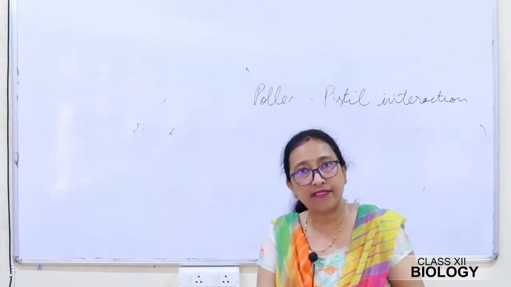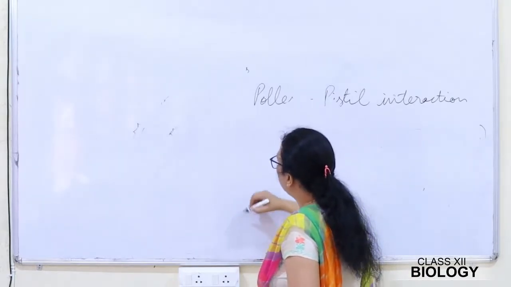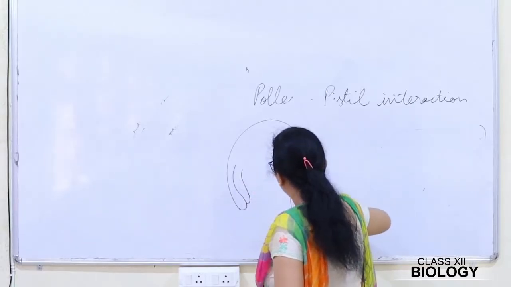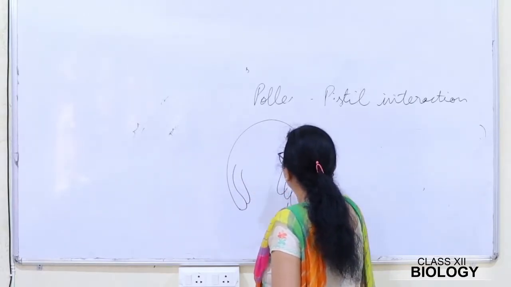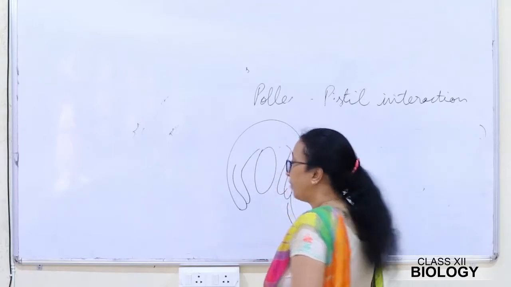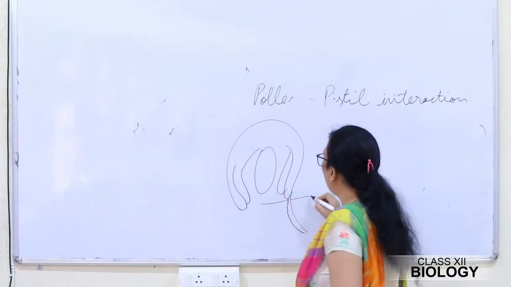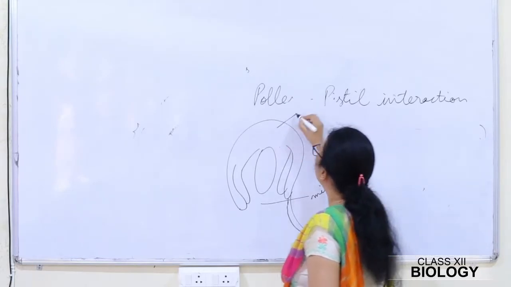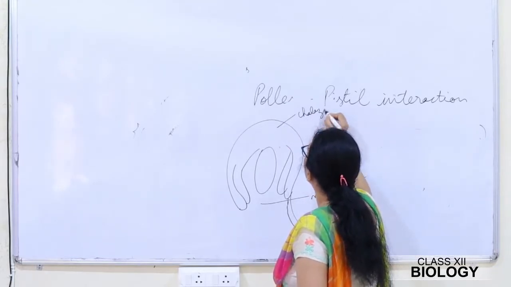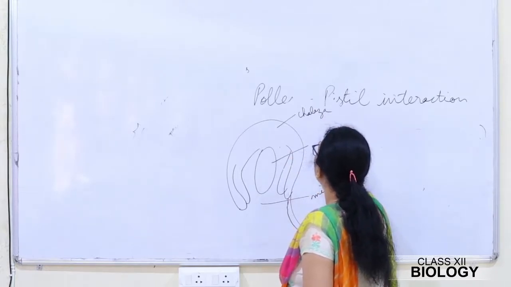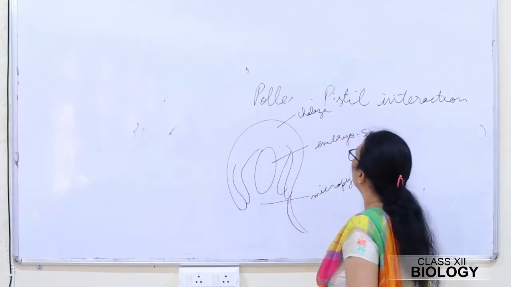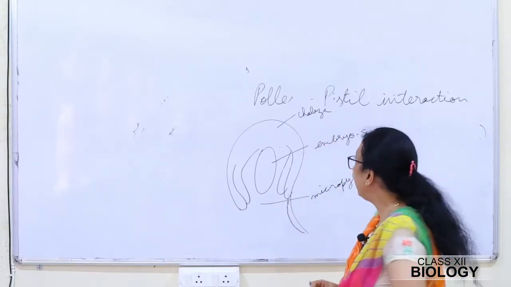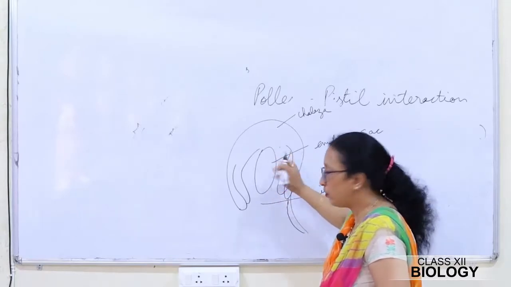We had already seen the female gametophyte. This is a female gametophyte: micropyle, chalaza, embryo sac. So the pollen which has been produced earlier has to reach the embryo sac here.